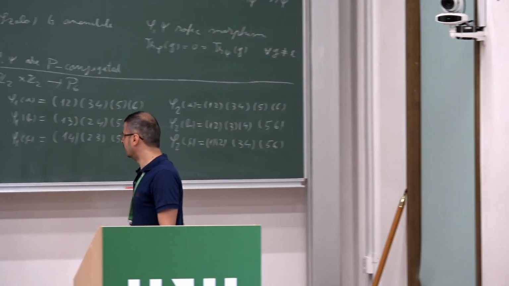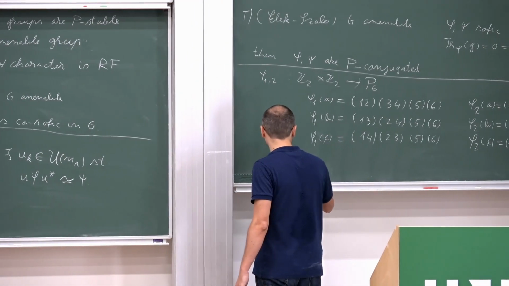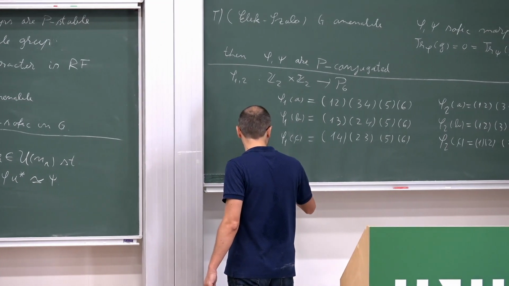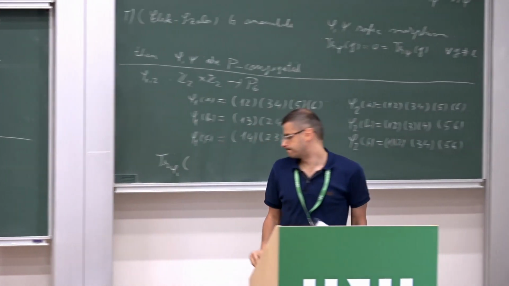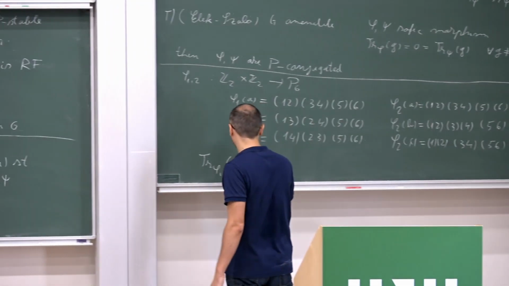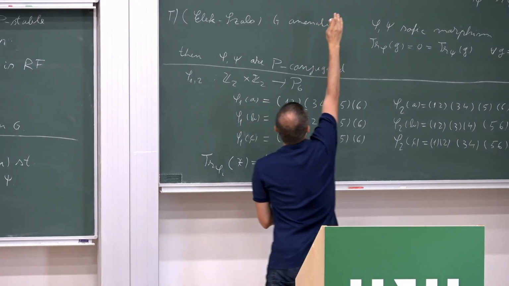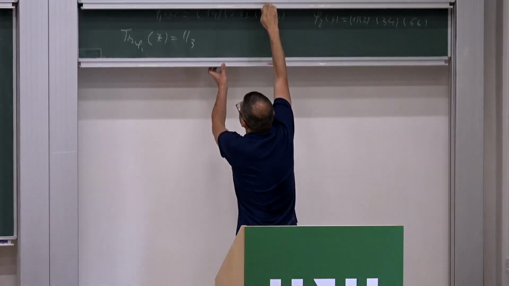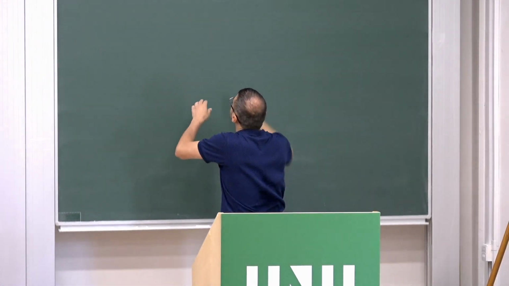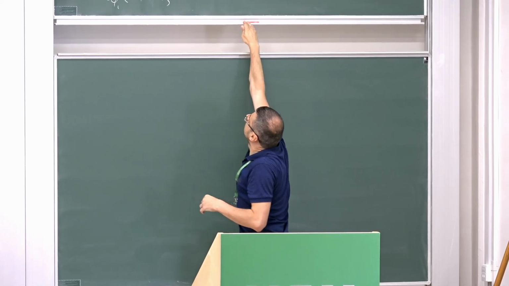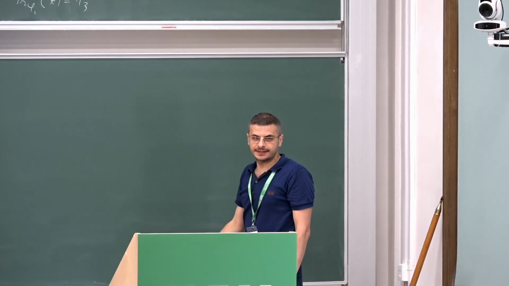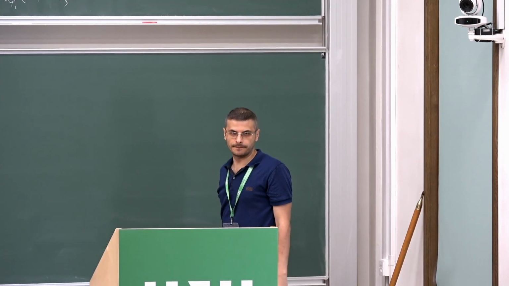So if you look here, you'll see that the trace of all the permutations that I wrote on the blackboard is 1/3.